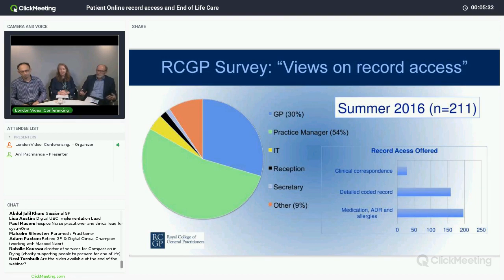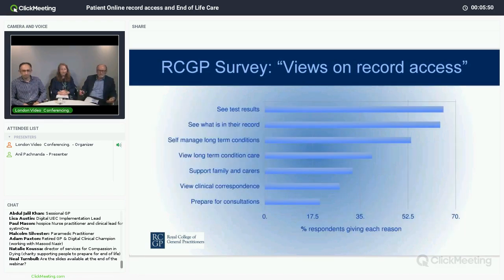All practices in England now are by contract expected to offer detailed coded record. This was a couple of years ago when things were slightly different. Clinical correspondence is one step further. It's optional, and 2 years ago was a minority interest. And this is what people said.